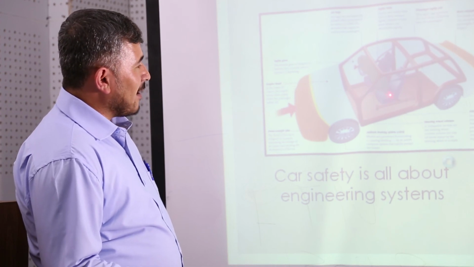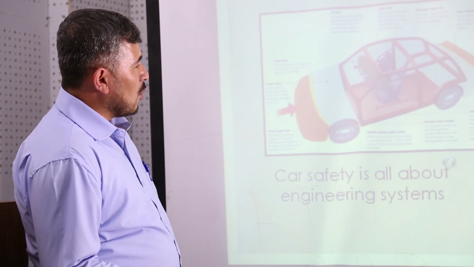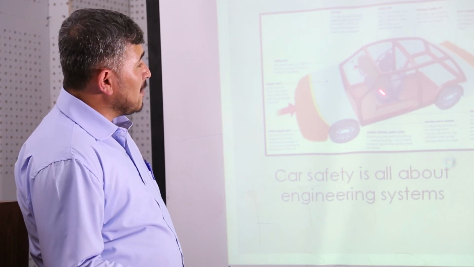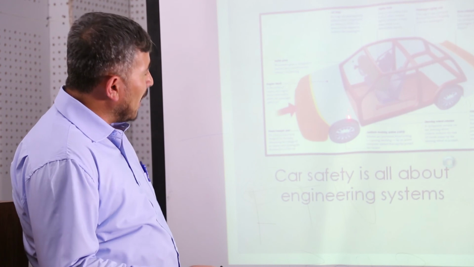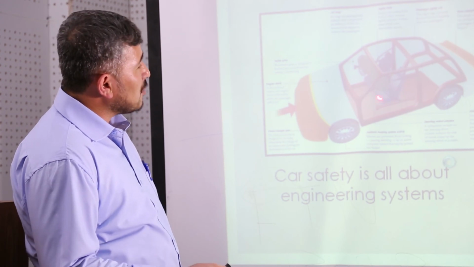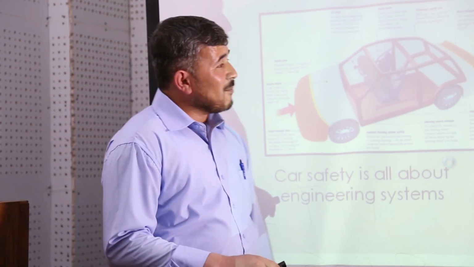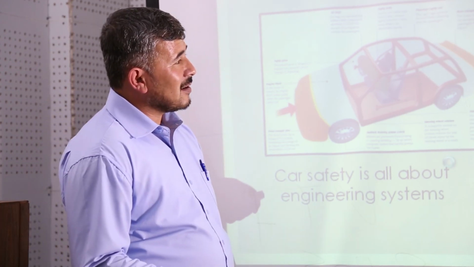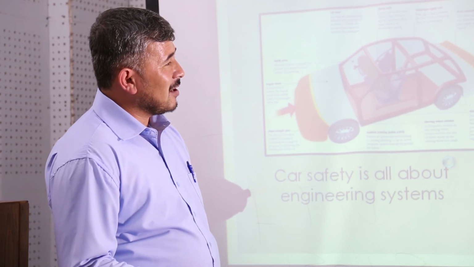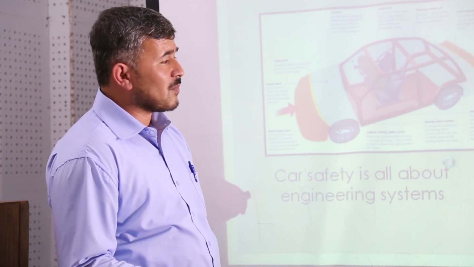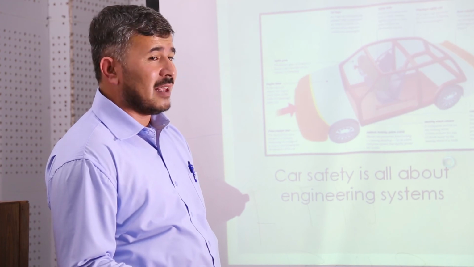If this driver has an accident, what will happen to the driver? Most of the time the driver will be safe. Look here, the barriers will save the driver. But what do you think if the motorcycle driver has an accident? Do you think this PPE can protect the driver of the motorcycle completely?